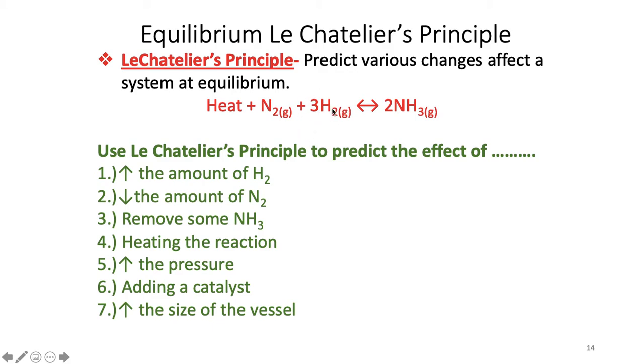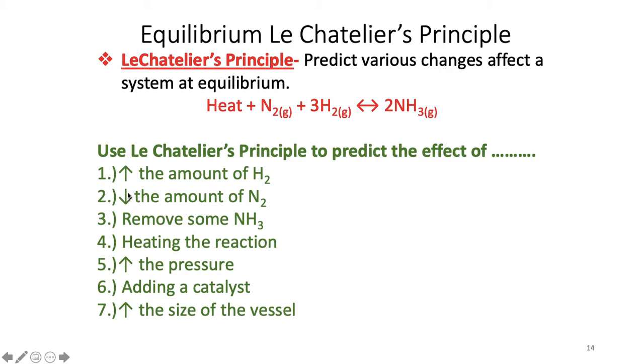If I'm increasing my H2, it's going to shift in a way to decrease the H2. The only way to get rid of H2 is to combine it with N2 to make NH3. Therefore, if I add more H2, the reaction is going to proceed to the right towards products, making more products.